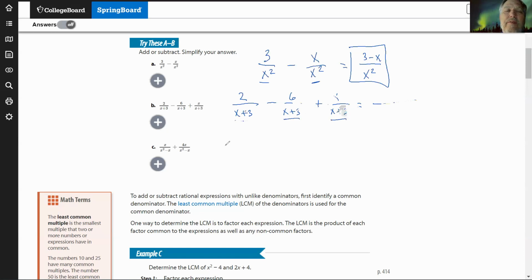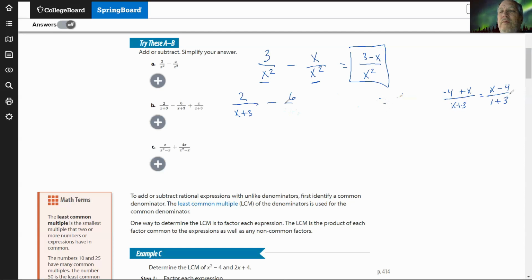We have the same common denominator of x plus 3, and on the top we simplify. We could write that as 2 minus 6 plus x. Working left to right, 2 minus 6 is -4, and then plus x. There are no other x terms to combine it with. We could flip these around and write that as x minus 4 over x plus 3.